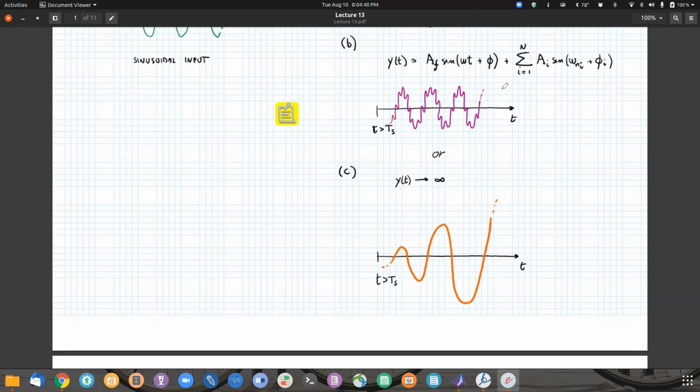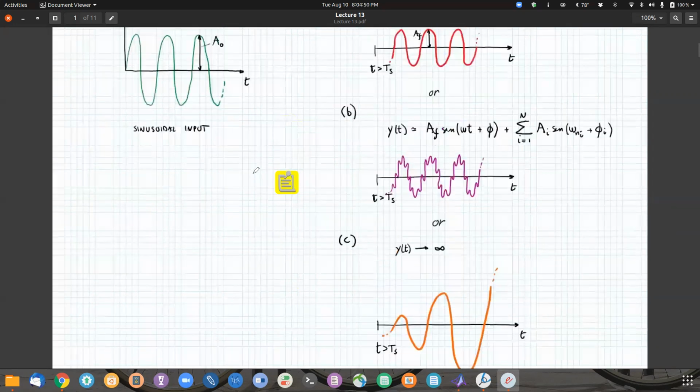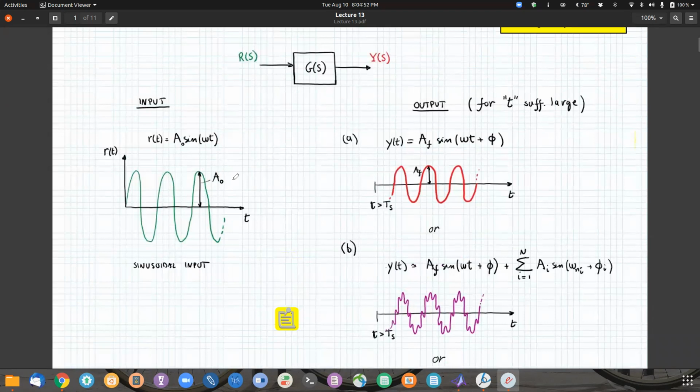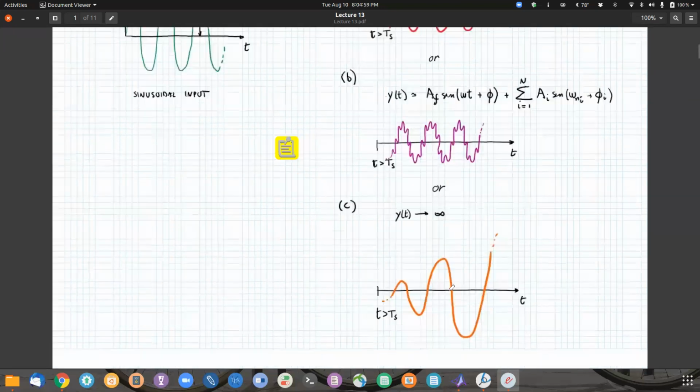In other words, if we have poles on the imaginary axis, let's say at plus or minus 2i, and we excite the system with an input that also has poles on the imaginary axis at the same location, then the output is going to just blow up. That's because it's like having a system with multiplicity equal to 2 for the poles on the imaginary axis, which makes the system unstable.